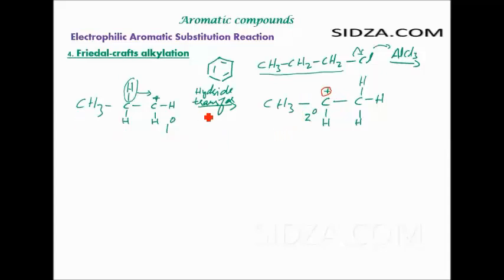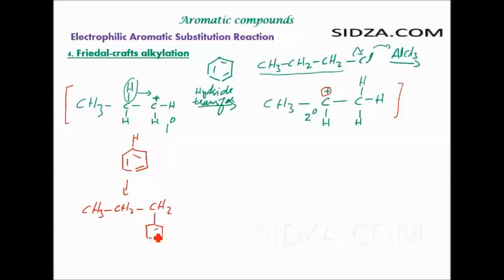And now in the reaction mixture you have both the carbocations, primary as well as secondary, correct? And when this primary carbocation attacks the benzene ring and replaces the hydrogen, what do you get? You get a product like this: CH3, CH2, CH2, and the benzene ring.